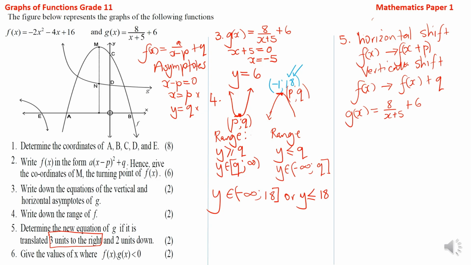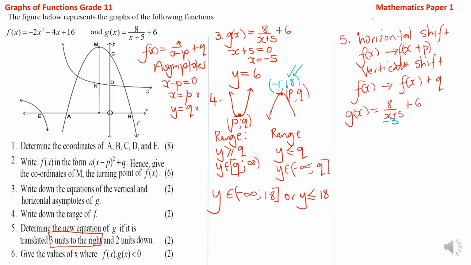So if you add, the graph will shift to the left. If you subtract, the graph will shift to the right. Please remember that. So in this case, I want to shift the graph by 3 units to the right. That means I'm going to subtract 3 units from x.